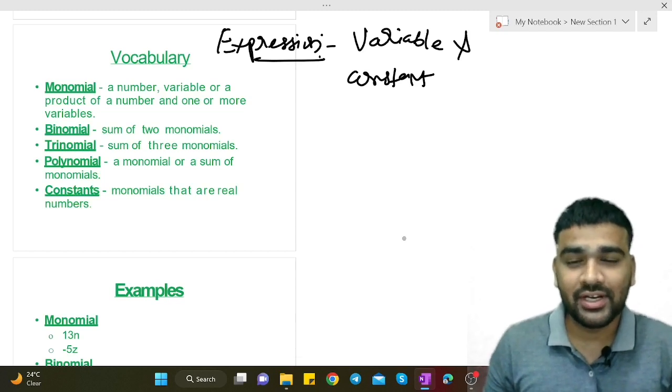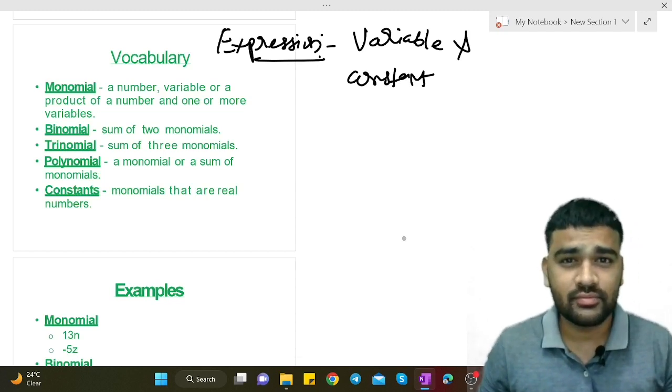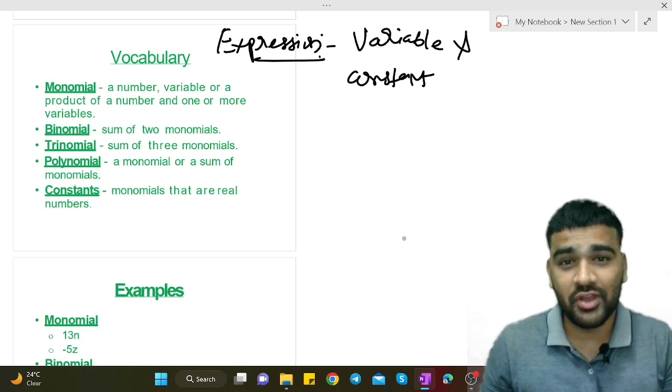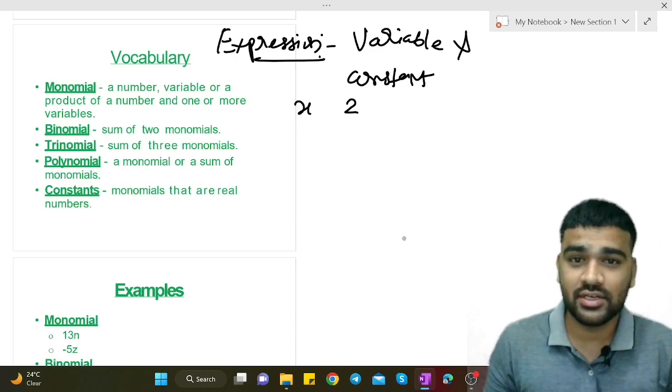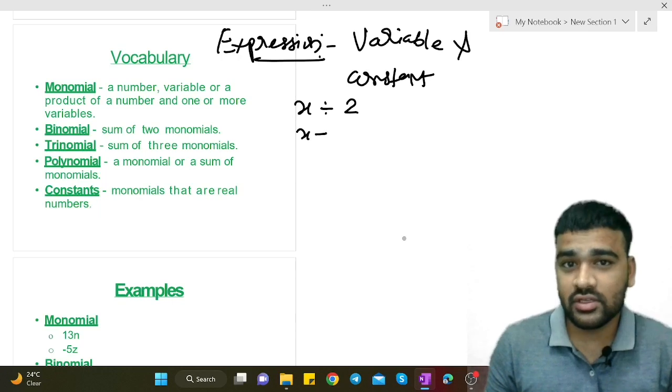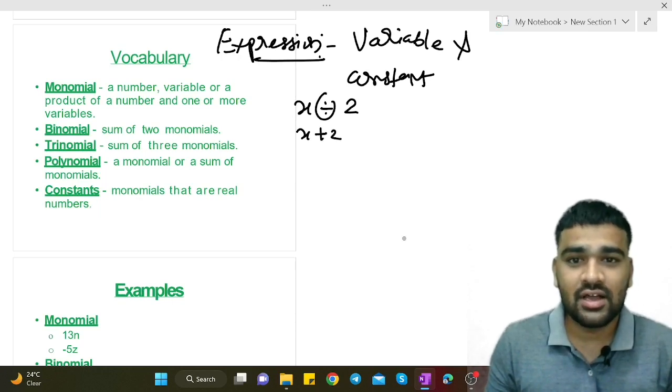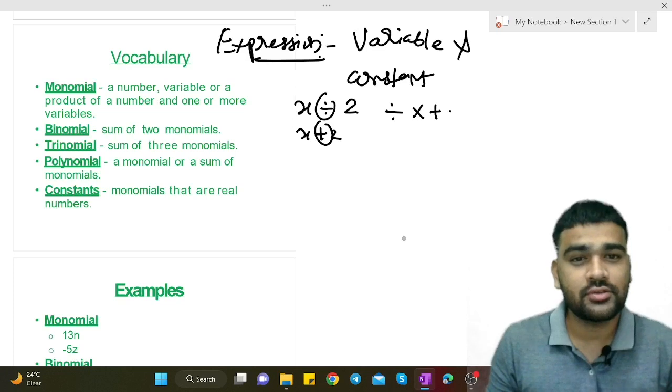A mathematical operator combines two terms, a variable and a constant, like x and 2. x is a variable and 2 is a constant. So I can combine them like this, and I can also combine them like this. These are your mathematical operators. It can be divide, multiply, addition, subtraction.